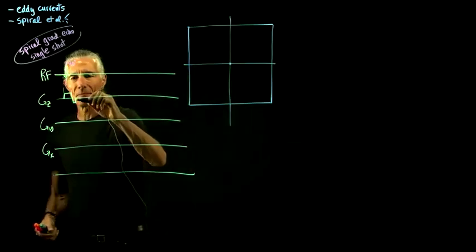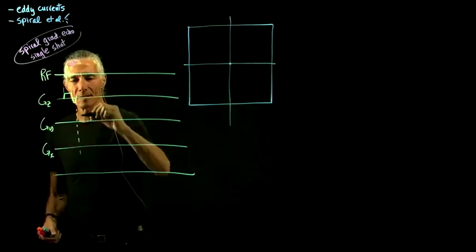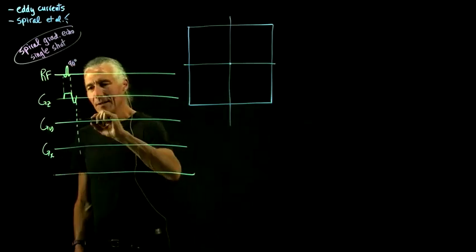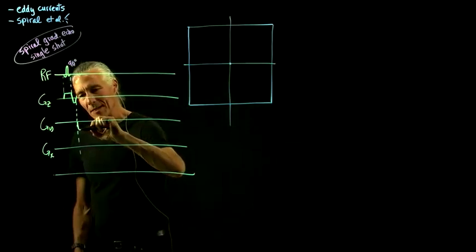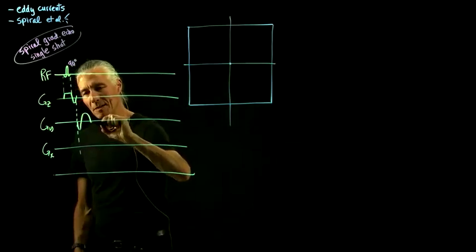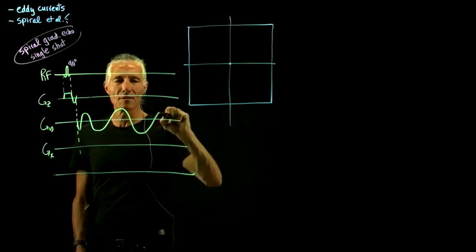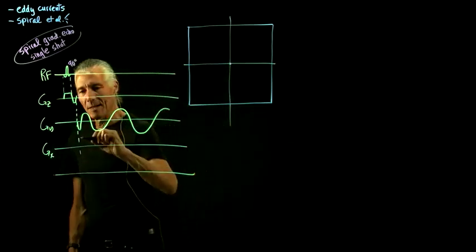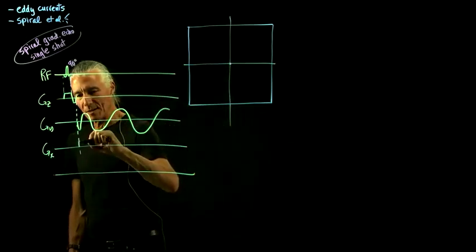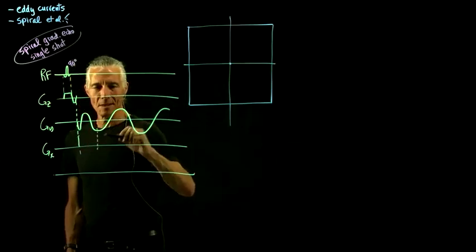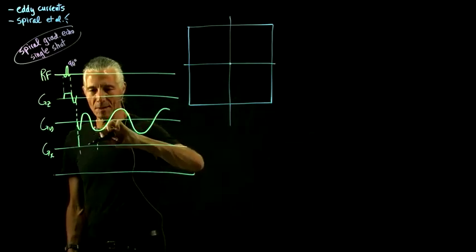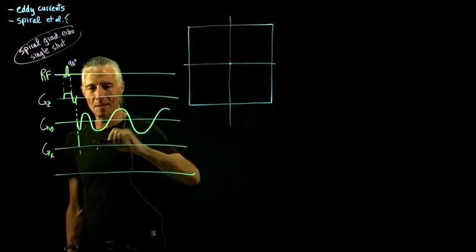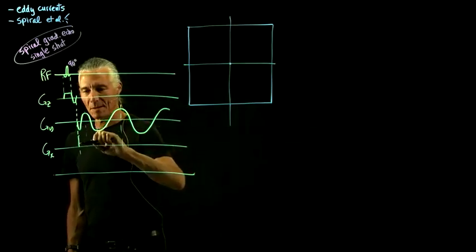So what we can do is put something that looks like a sine on this one, going further and further apart. And then we'll put one that looks like a cosine on this one. Let me line these up.